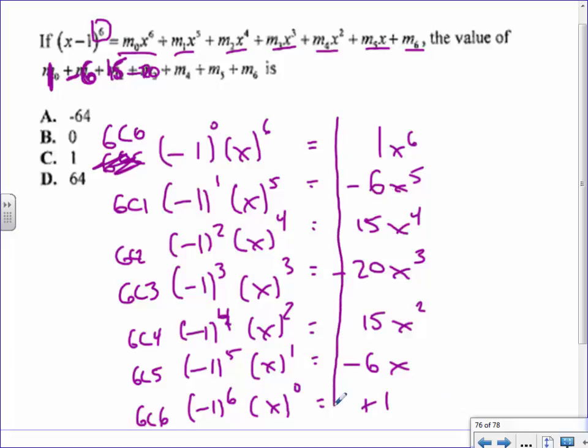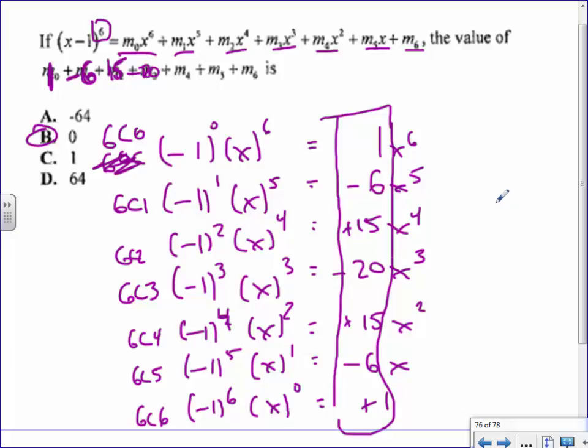Guys, all it was really asking you to do, this question here, is take all of your coefficients and add them up. So what is 1 minus 6 plus 15 minus 20 plus 15 minus 6 plus 1? That's what it's asking you to do. This one just randomly happened to turn out to be 0, by the way.